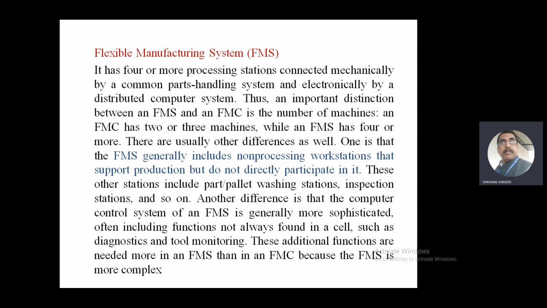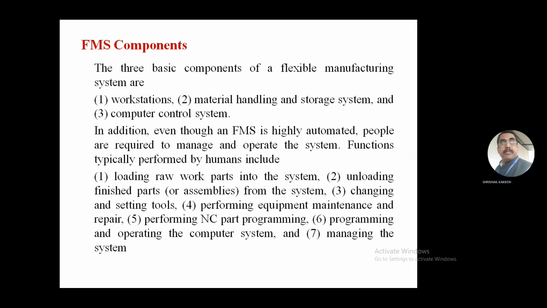So flexible manufacturing cell, flexible manufacturing system. FMS components, you should not write so many things. There will be workstations. Workstations are those, maybe machining, correct?